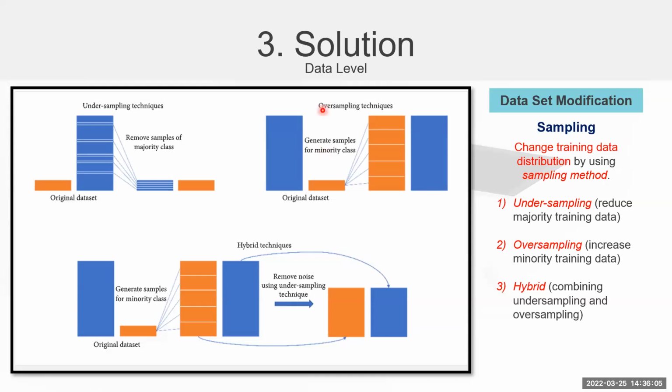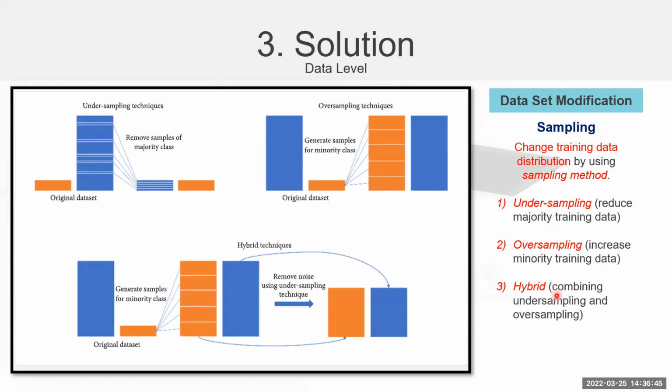The simple definition is that the method changes the training data distribution. This is the original training data, and it is modified by the data level solution into this one. We can see that the distribution is not the same as the original data.